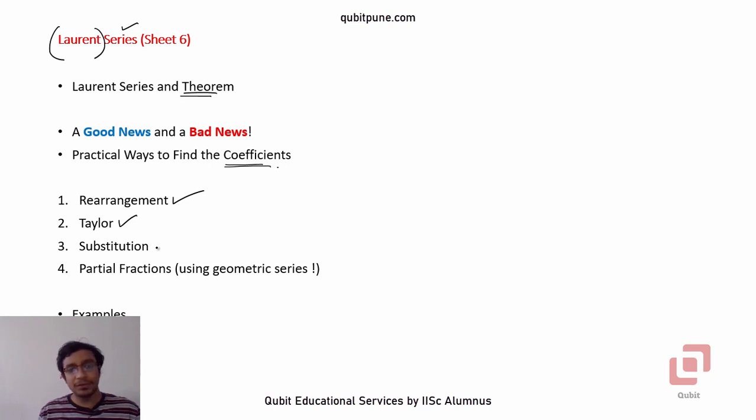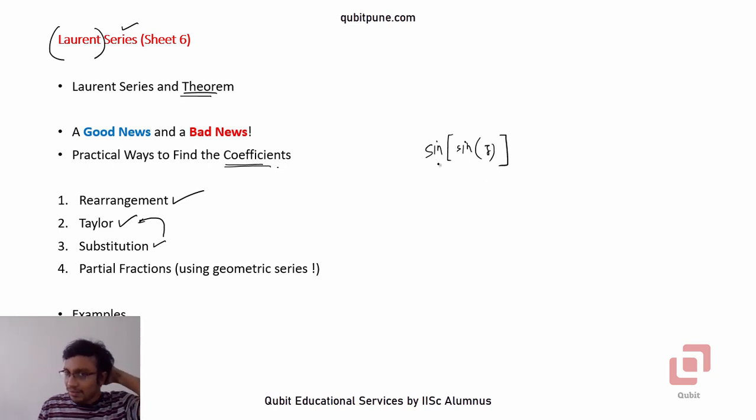You can also use the substitution method to use Taylor's series. For example, if you have sine of sine z, in this case you can use the expansion of sine to get the expansion of sine z.